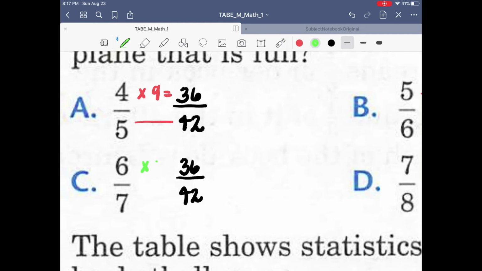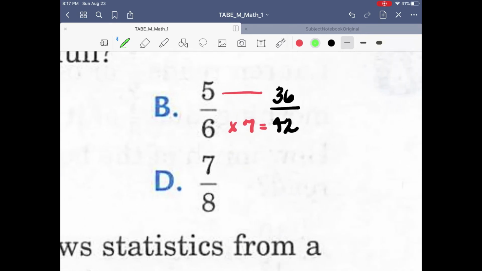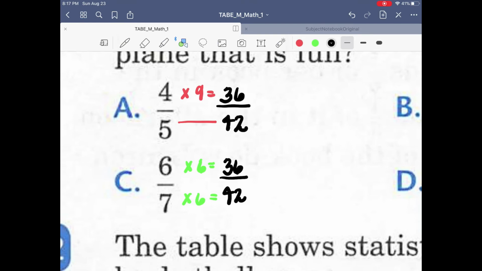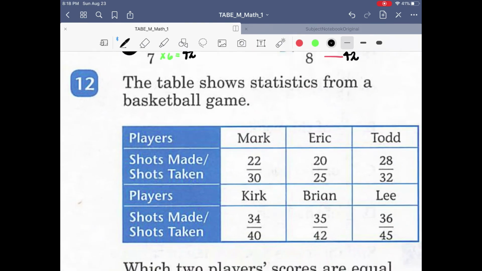I like this one because 6 times 6 is 36 and 7 times 6 is 42. This one I have, neither of those will work to multiply. So looks like this one is C. That was number 11. The answer is C.